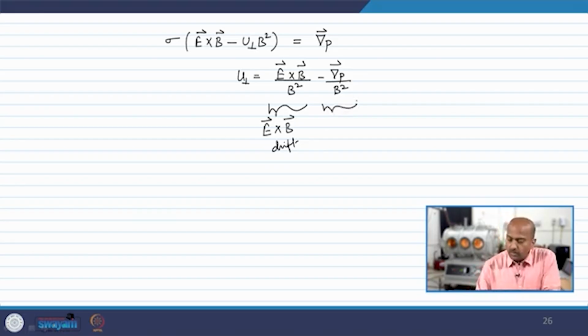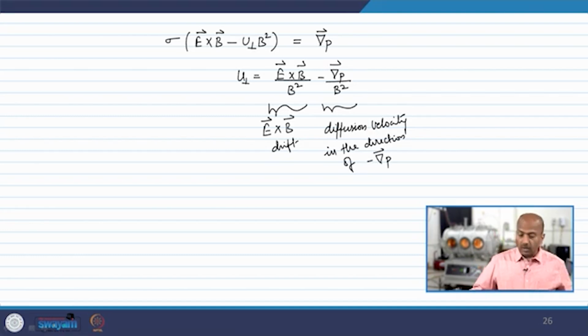So, this term represents the diffusion velocity in the direction of minus del P.